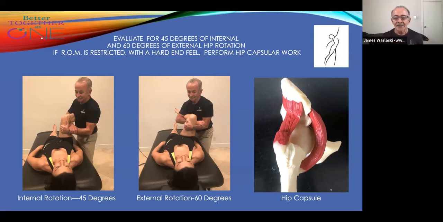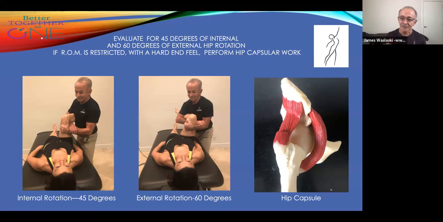There should be a balance, and we should have 45 degrees of internal rotation, where the femur moves towards the midline, and it should be a soft infill. If it's a muscle pattern, if it's the deep six, then in that assessment on the left, where I'm rotating Fran's foot away from the midline, or the femur towards the midline, that internal rotation, which is supposed to be 45 degrees, should be a soft infill.